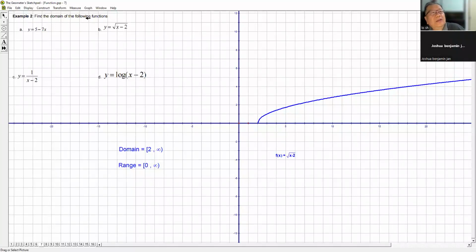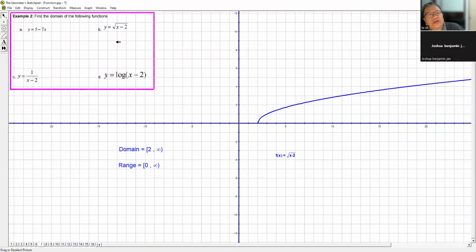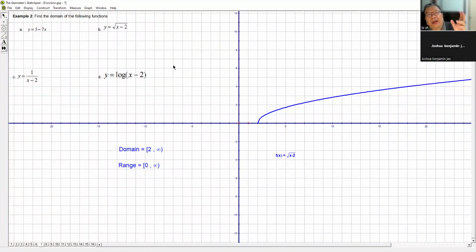Now the second function is y equals square root of x minus 2. Now for this particular function, the x cannot take certain values. Let me show you.